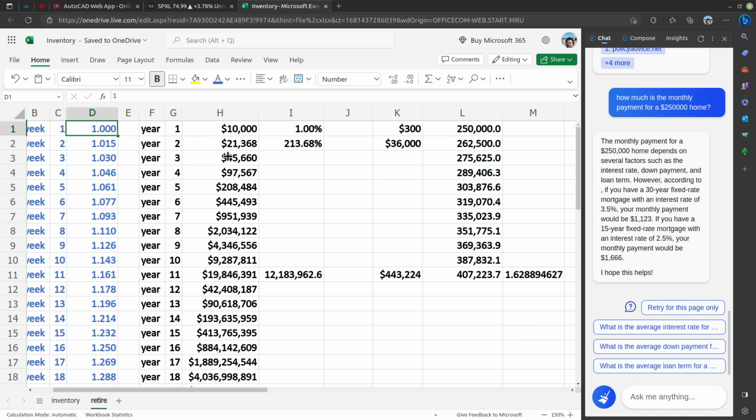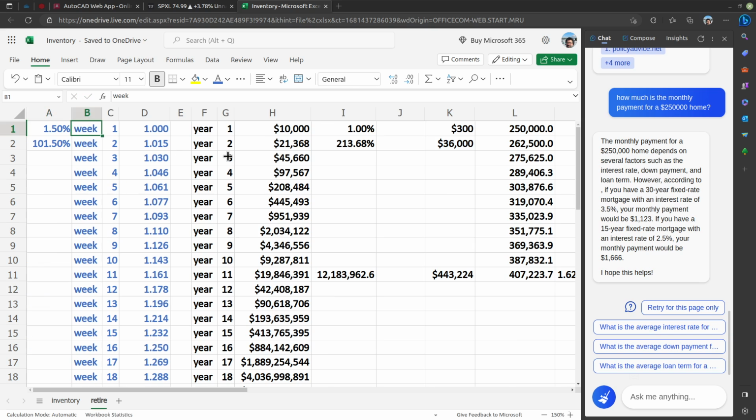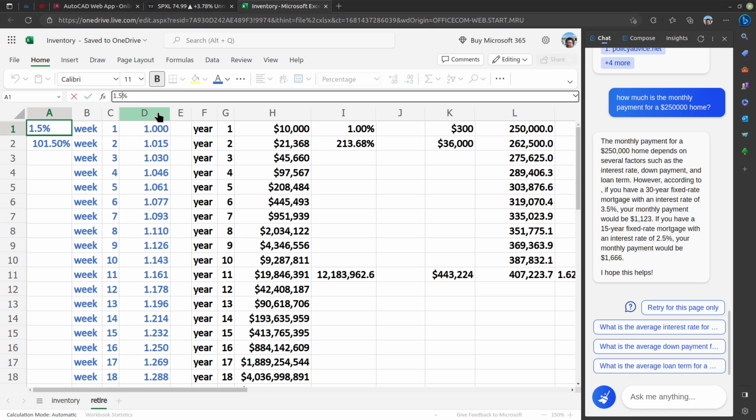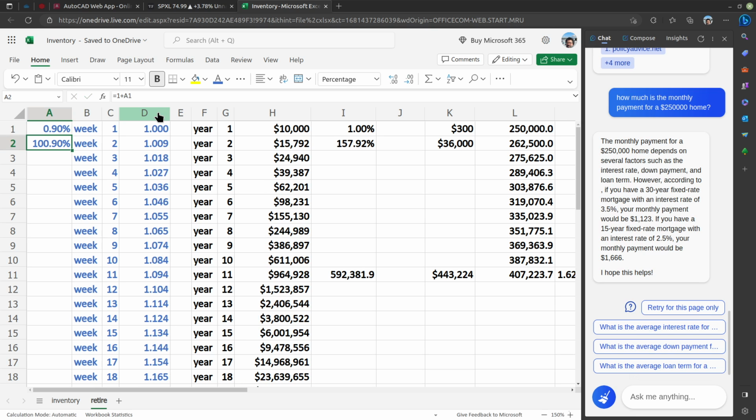Okay, so here. What's happening here? That's the number I have to change to 0.9 a week, which is very simple to do. I'm gonna show you how I'm doing it.